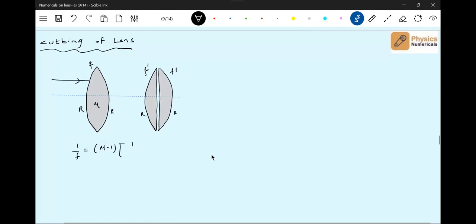This is the incident ray. The ray will first strike this surface, so plus r, minus r. So what is f? f should be equal to r by 2 (mu minus 1). What is f dash? We will calculate.